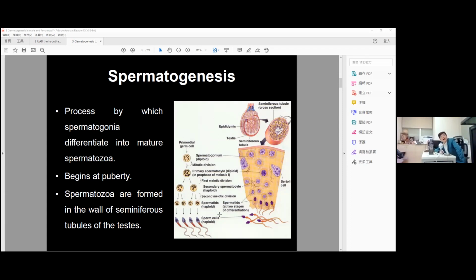There is a haploid. Sometimes the germ cell will have a disease we call germ cell tumor. Germ cell tumor happens very often at a young age, in female and male. It is a cancer, germ cell tumor. And this cancer is very sensitive to chemotherapy.